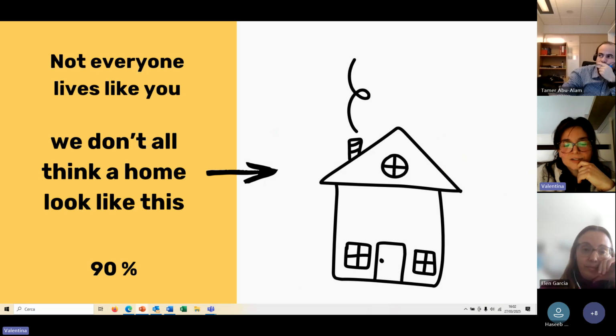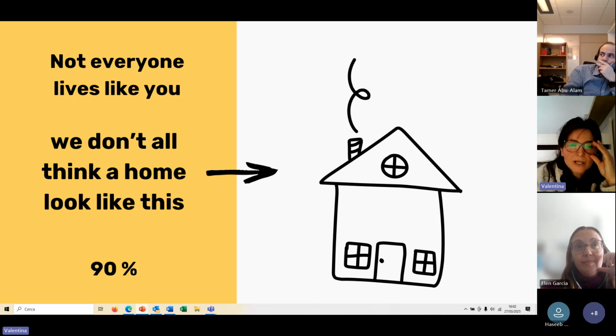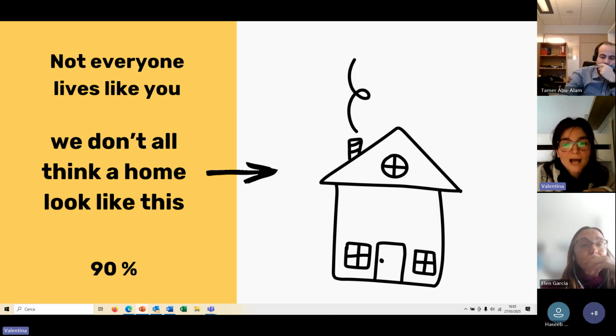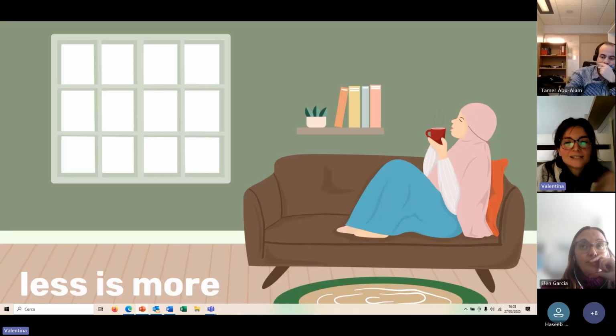And another reflection is about the example. It's just an example. Probably 90% of people, when we talk about home, think of something like that. But actually, not everyone thinks about home and imagines a home like this one. Sometimes less is more.